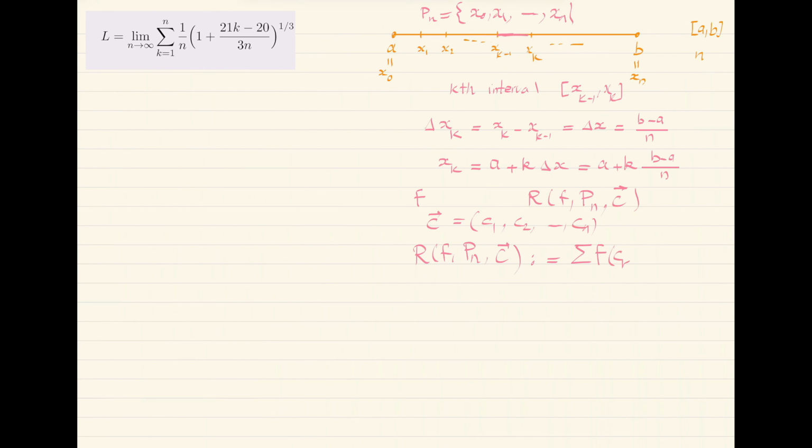So let us say any of them, and then multiplied by the length of the interval, which in this case all of them are delta x. If they are different, you have to put this delta xk as well, and then your sigma k goes from 1 to n. Okay, so what you get is what is called the Riemann sum.